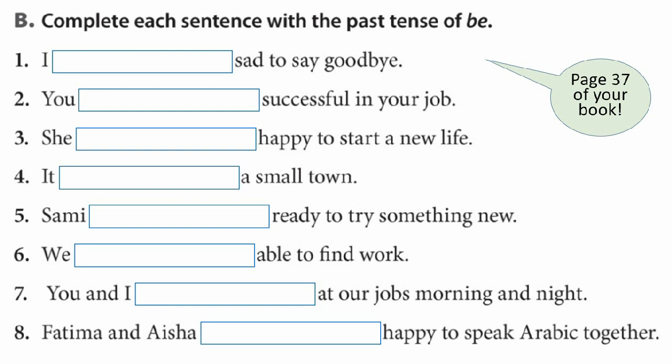And we use were for you, we, and they. So the answer for number 1 is I was sad to say goodbye. And number 2, you were successful in your job.